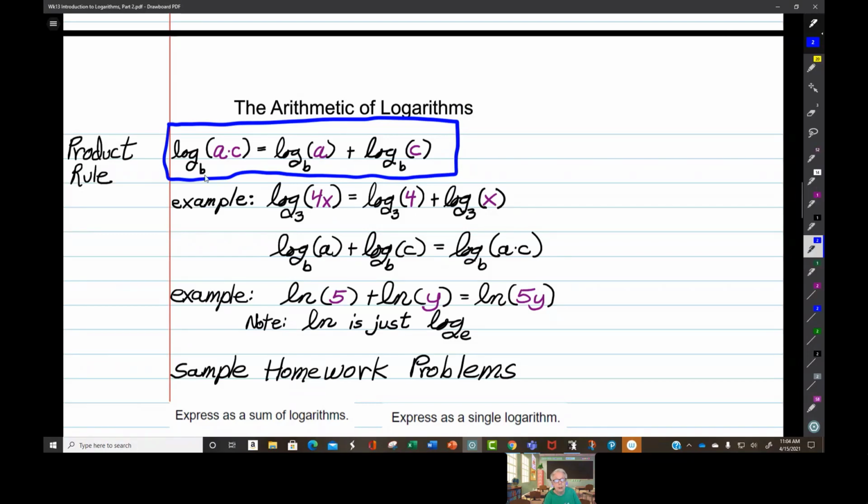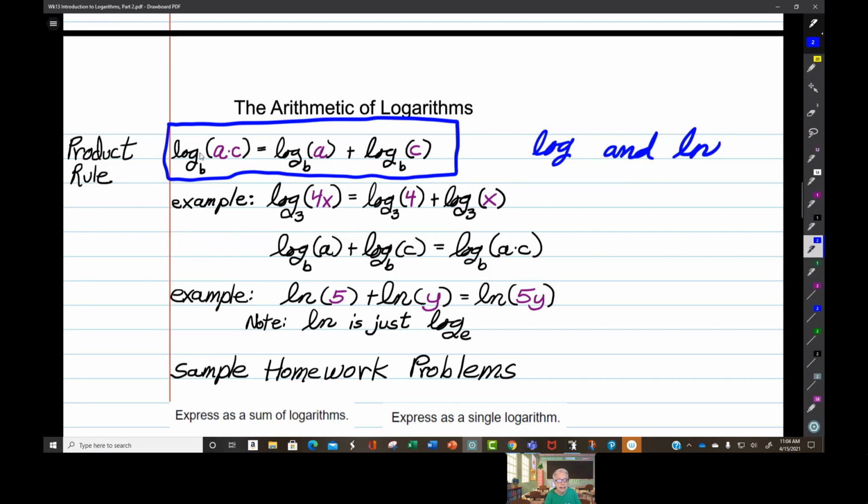If you've got a log to any base, so that this includes log, which is log base 10, and ln, because ln is just log base e. e is a number that's about 2.7. So any log, this is going to be true for. And then we've got some examples.